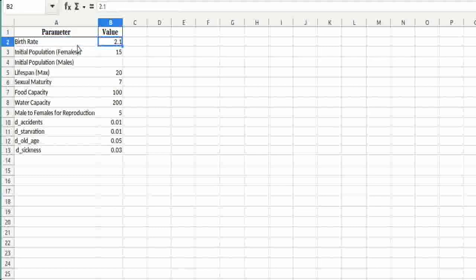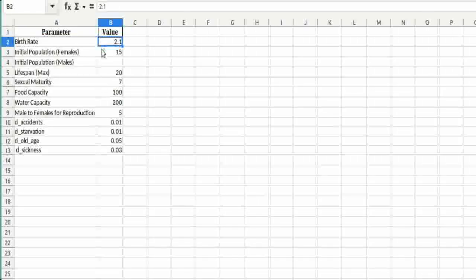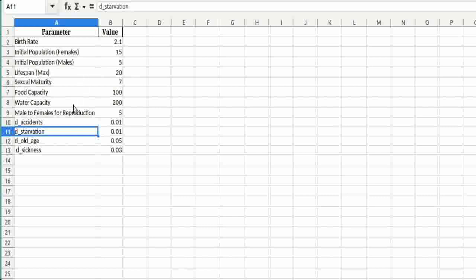So this I've just fixed as a value, but in fact, it should be based on this equation here. But at the moment, I've just put in a fixed amount of settings, some of which are used, some of which aren't.